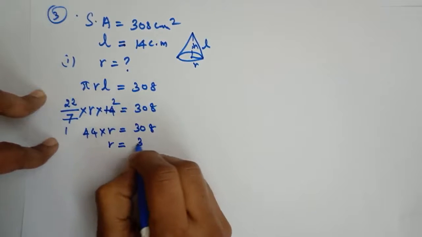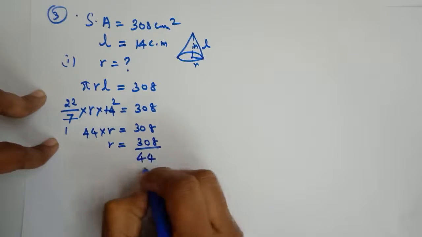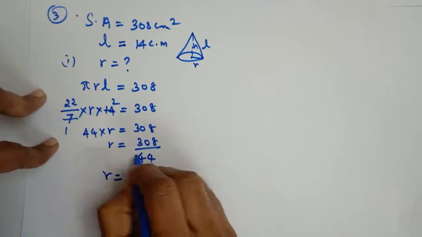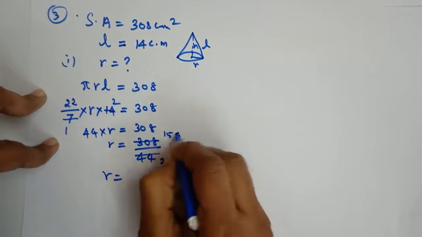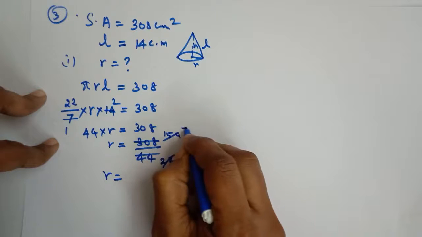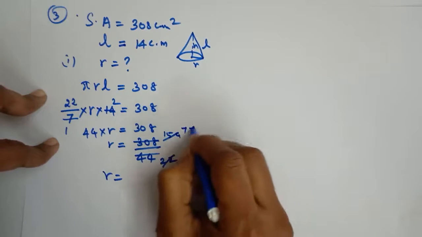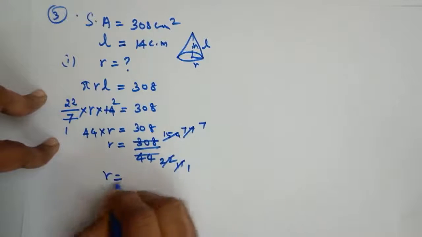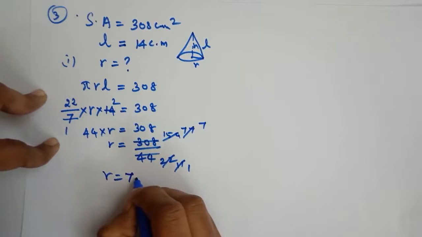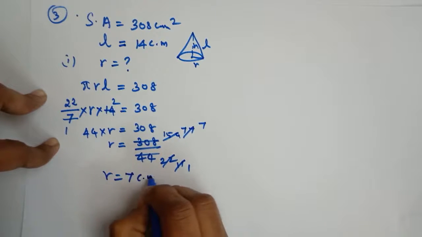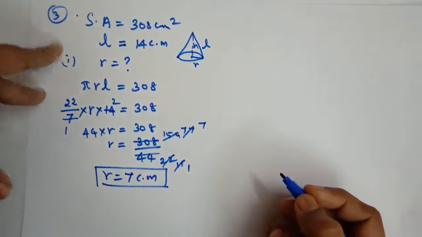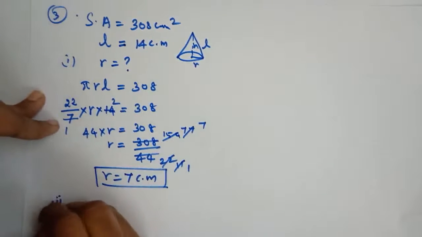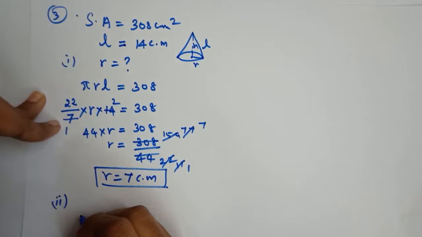R is equal to 308 divided by 44. If you cancel it, r equals 7 centimeter. R equal to 7 centimeter. That is the first part.